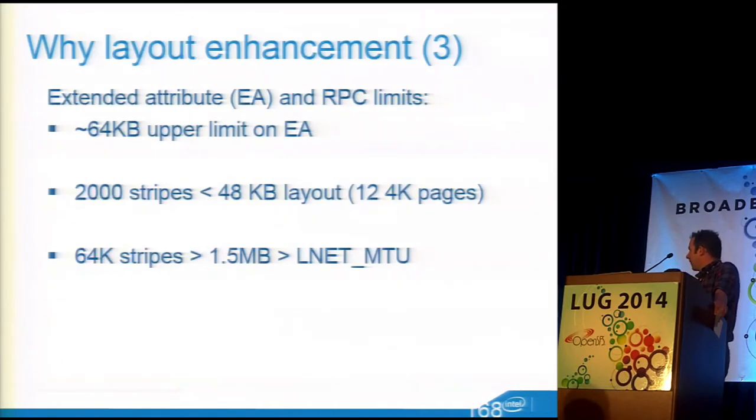So that means that we are stuck somewhere at around 3,000 stripes. I don't know if that bugs you or not. Most people probably don't have 3,000 OSTs to carry 3,000 stripes, but other limits like the maximum OST count, 64K right now, that would give you a 1.5 megabyte layout. So I don't think we have to worry about that soon.